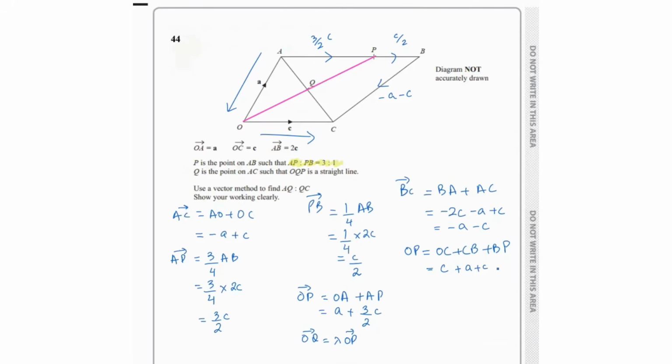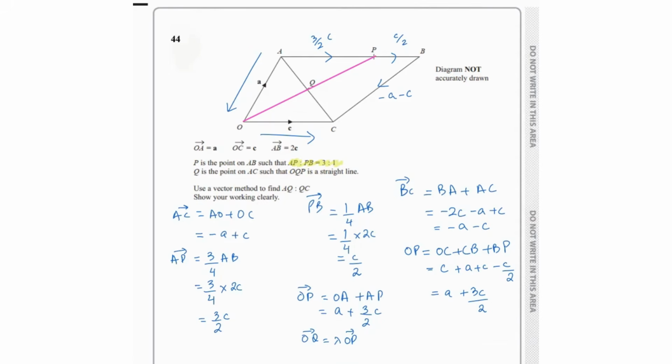And BP is going to be negative C over 2 because we changed the direction. So that's going to be A plus 3C over 2. Okay, so we have OP now.